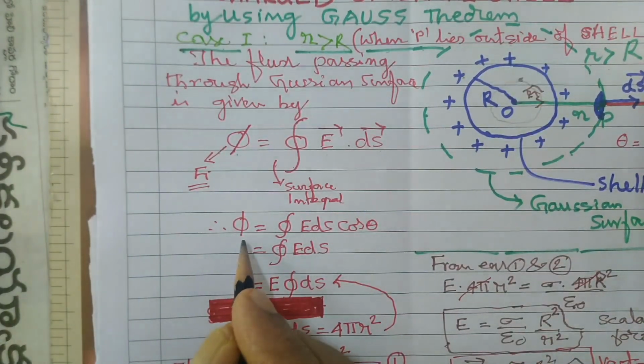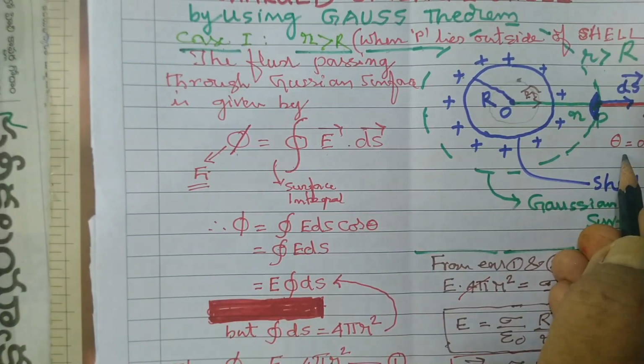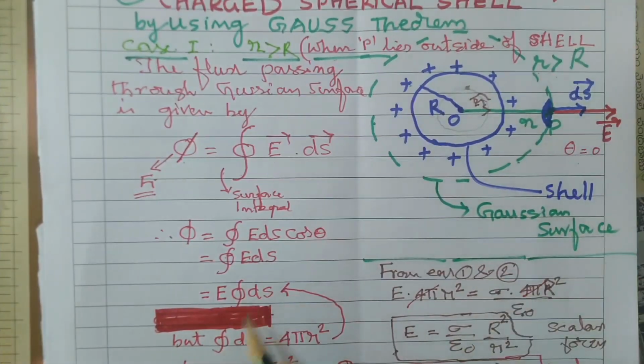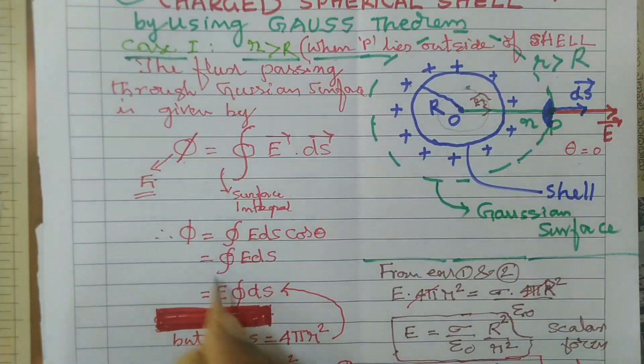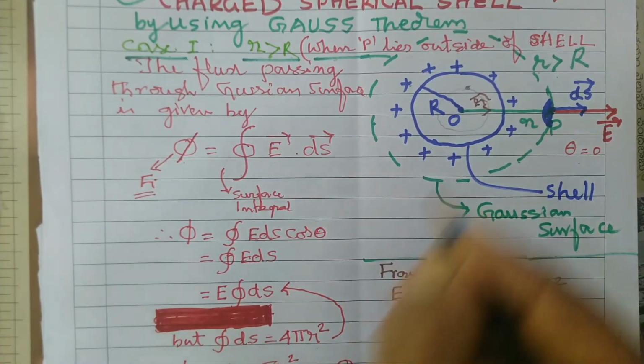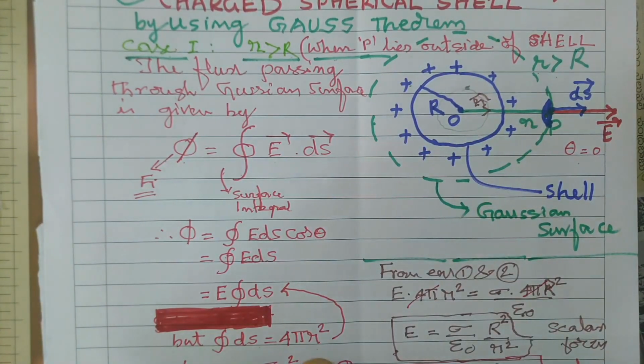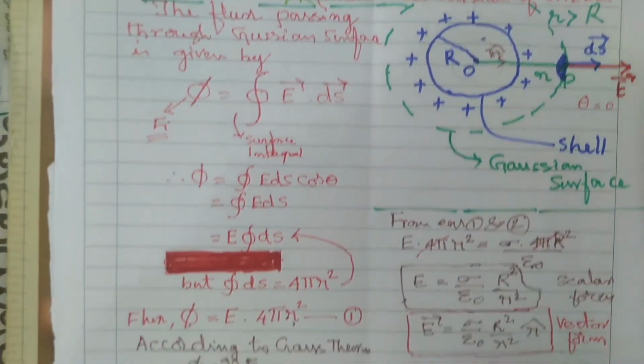Now, phi is equal to surface integral E ds cos theta, but theta is equal to 0, we know very well. Now, E is constant for this. E is equal to surface integral ds. Surface integral ds is equal to 4 pi r square. I told you that r is the radius of the Gaussian surface, not the sphere, because we are applying this for the Gaussian surface.